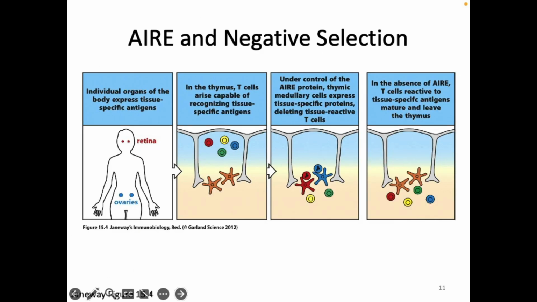It turns out that the thymus actually expresses every protein in the body. So, for example, there are some proteins that are expressed only in the retina, but the thymus also makes them. There are some proteins that are only in the ovaries, but the thymus also makes them.